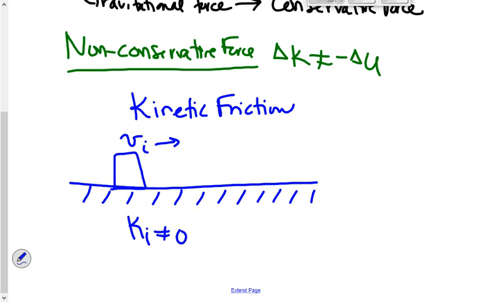That's not equal to 0. What's going to happen to the block? It's going to slow down and come to a stop, where its final velocity is 0 and the kinetic energy is 0.